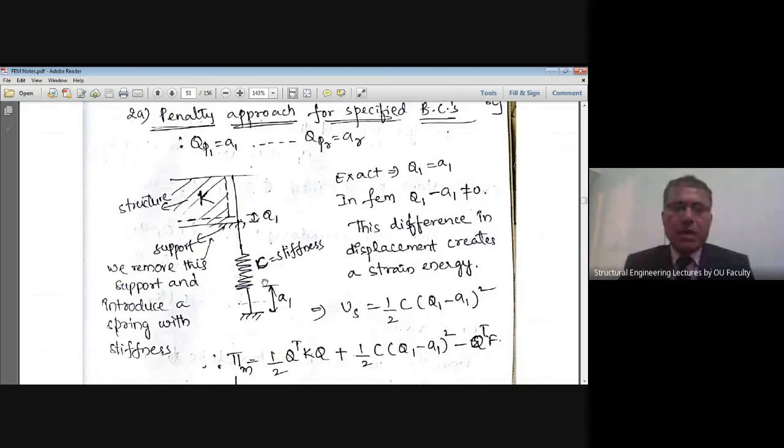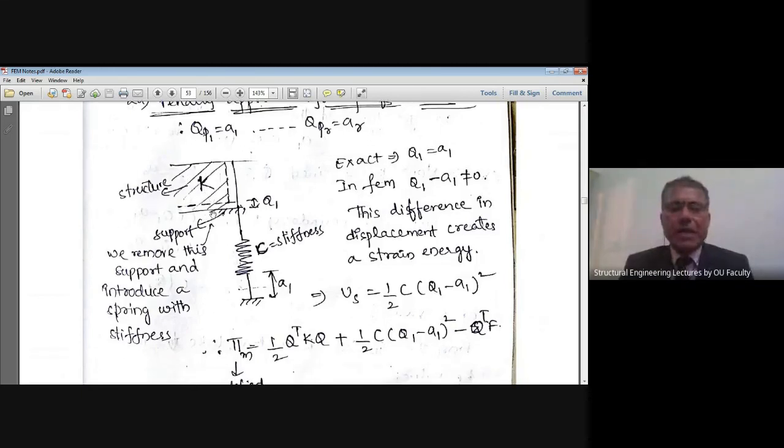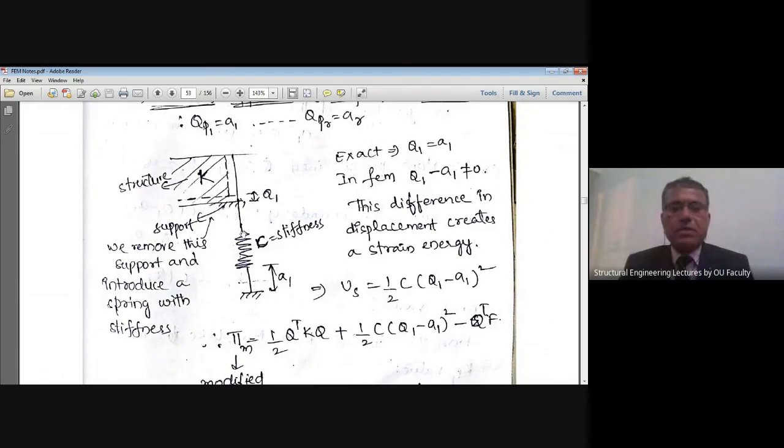I'm penalizing along the degrees of freedom using a huge penalty in the form of the spring stiffness C, whereas the stiffness of the structure is notated by capital K, the global stiffness matrix. That is how the treatment of the boundary condition is done.